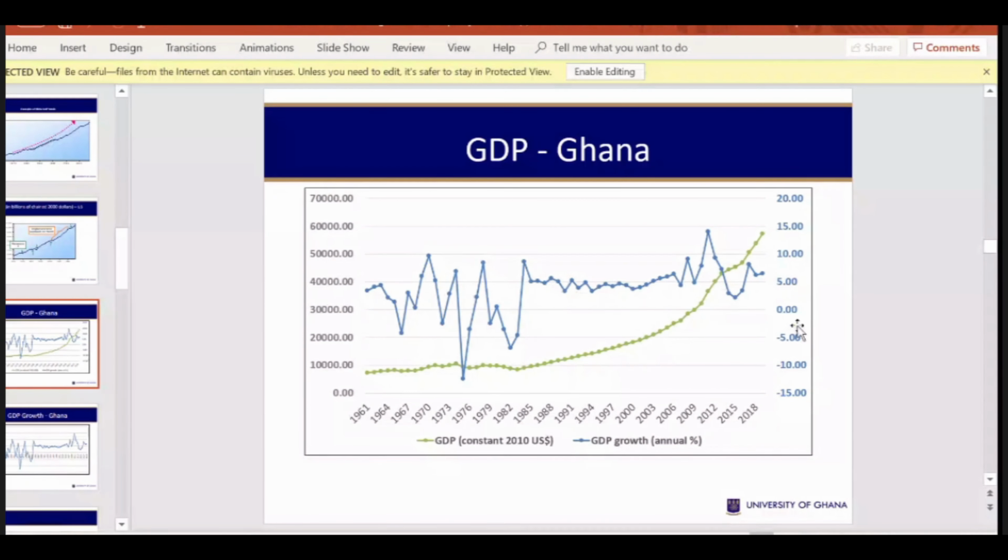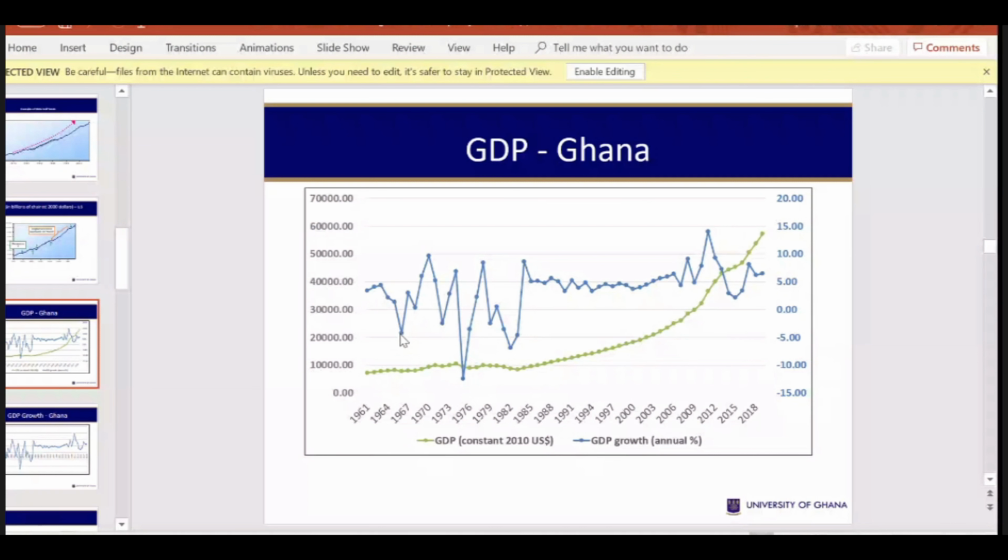When you take the left side, the growth rate has actually been negative. In 1965, the growth rate was negative, close to -5.